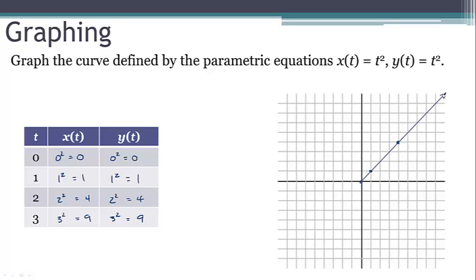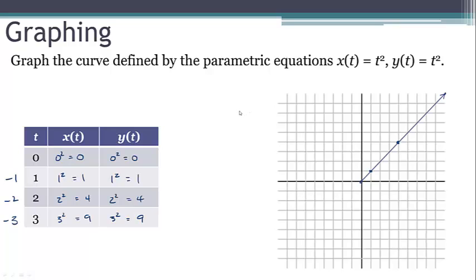So before we move on to the next set of equations, take a minute to think about what's going to happen when the t values are negative. Since both the x and y components are being squared, we still get the same values, but we're going to get them in the reverse order. Negative 1 is going to give us 1 and 1, negative 2, and negative 3.